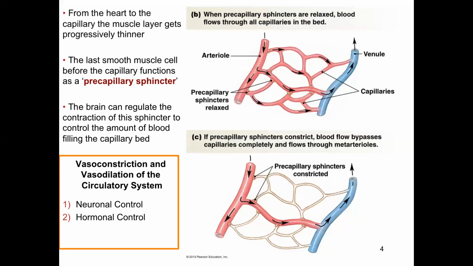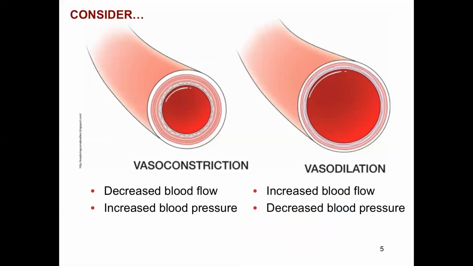We also have hormonal control of this process. And there's also local controls, all right? So locally down at the capillary bed level as well, all right? So there's factors produced by the cells in the tissue that will help regulate things more directly in those tissues, all right?